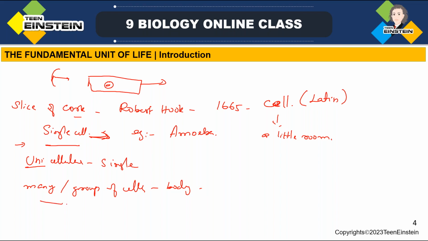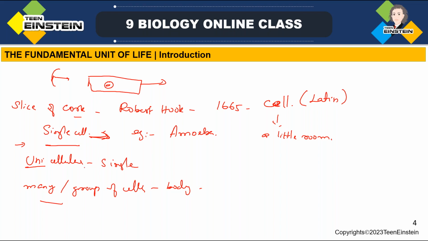Then multicellular organisms: more than one cell means multicellular, many cells. Sometimes many cells or groups of cells are in the body, and each group performs different functions. They form different body parts in a multicellular organism.